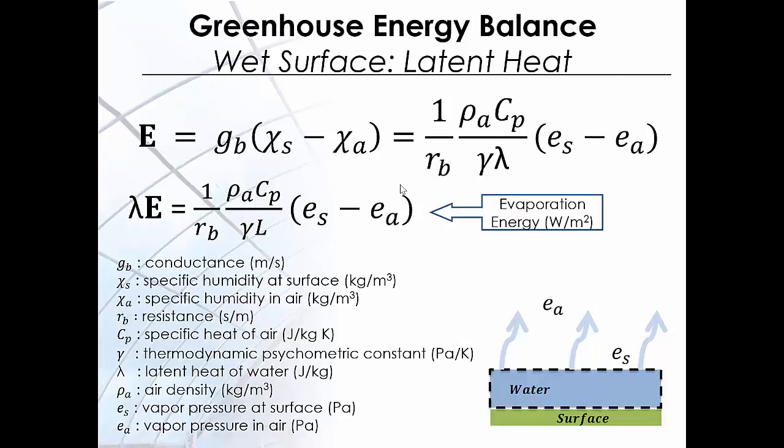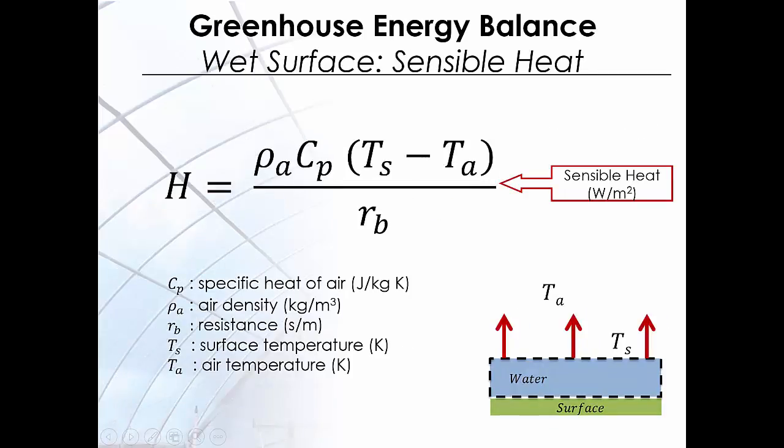To find the evaporation energy, the rate of evaporation can be multiplied by the latent heat of water, as you can see here with the lambda term, which helps us find the evaporation energy. And here you can see some of the terms or variables involved in calculation of evaporation from wet surfaces, which is our discussion in this slide for the latent heat portion of the water vapor flux balance from wet surfaces.